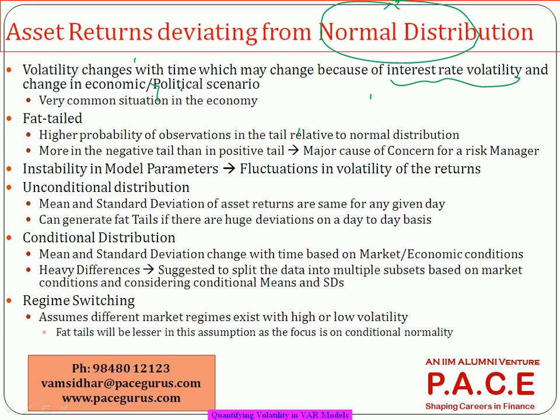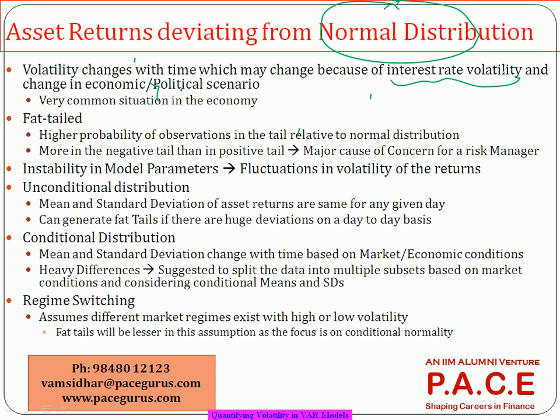When we have taken the asset returns, the asset in this case being a stock, if everything is stable, let's say the interest rates are stable during the entire period, let's say the political situations are stable during the entire period, then there is a good possibility that the returns will follow a normal distribution, or probably if the company conditions are also stable.